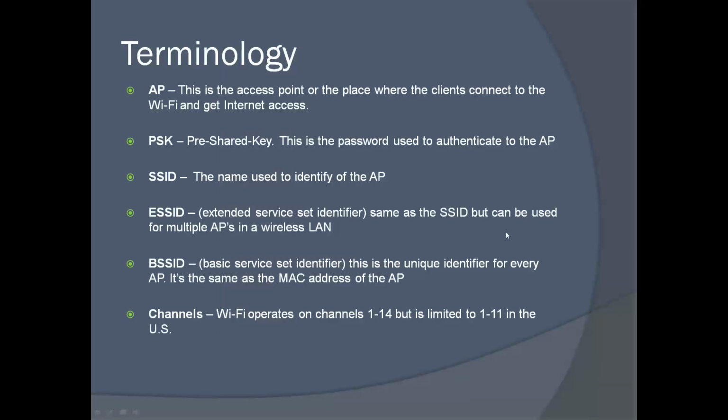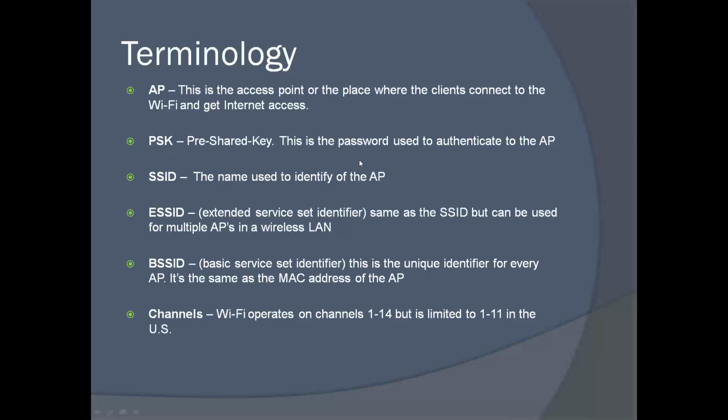Okay, let's talk about some terminology before we go further. The AP. You'll hear me talk about AP. The AP is the access point, or the place where the clients connect to the Wi-Fi and get internet access. You're probably using one right now in your home, in your office. We'll often talk about PSK, the pre-shared key.